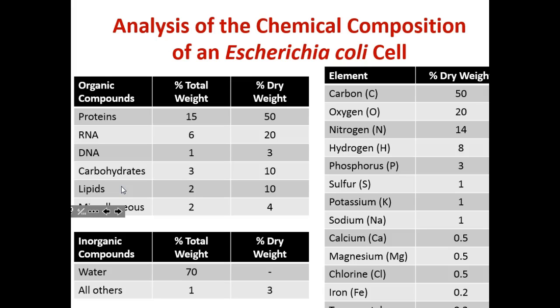And of course it doesn't have a dry weight because it's water. And all others have a 1% total weight. Then over here under the elements, these are compounds, these are elements. Carbon, oxygen, nitrogen, hydrogen, phosphorus, sulfur, potassium, sodium, calcium, magnesium, chlorine, iron, and trace metals.